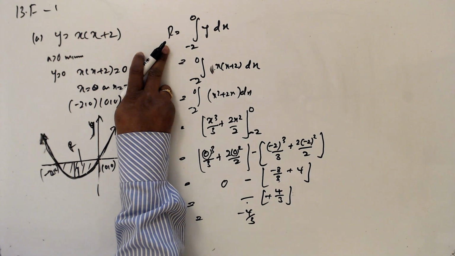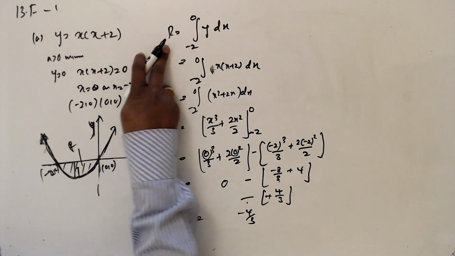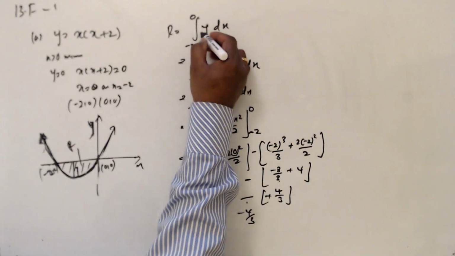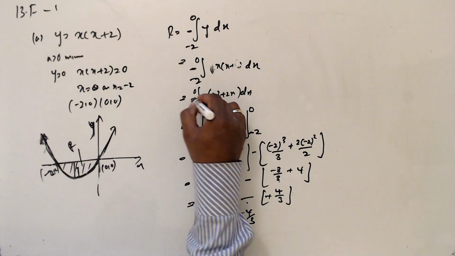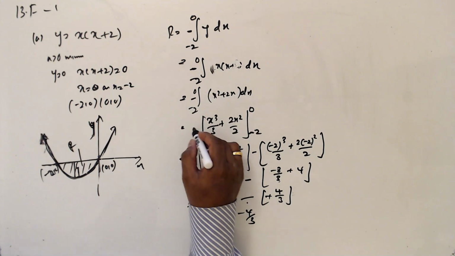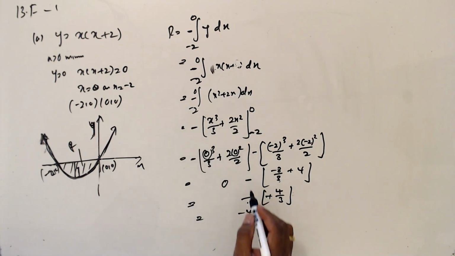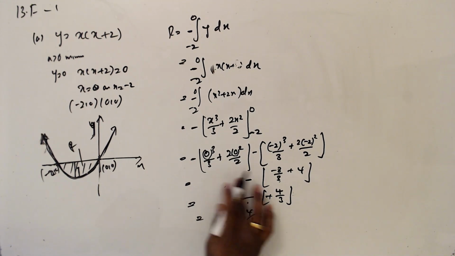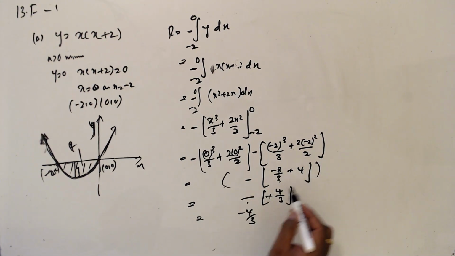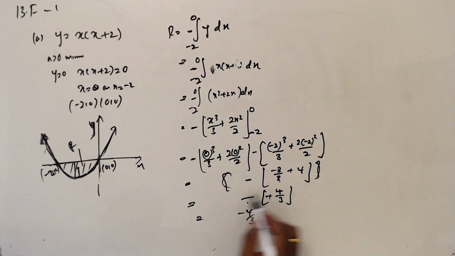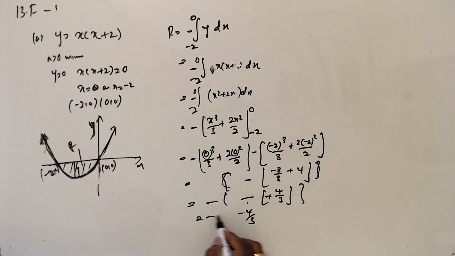Then I have two options. I can put a minus sign here, I'll come with minus, then I'll keep the minus, and then minus minus.